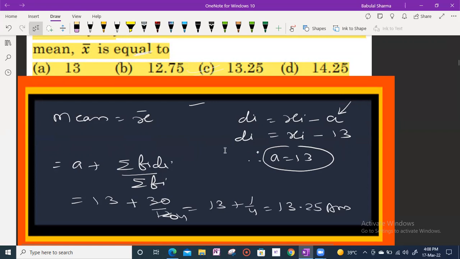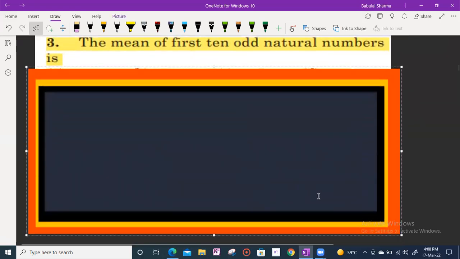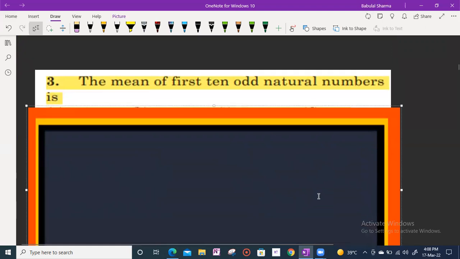Now we come to the next question, question number 3. The question asks for the mean of the first 10 odd natural numbers.